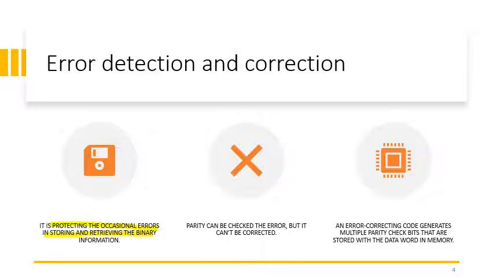So we have specific error detection schemes that only have the capability to detect errors, and error correction schemes that can both detect and correct errors. For detection we can utilize single bit parity, but for correction we have to use multiple parity check bits stored with the data inside the memory, so that we can detect and correct the information bits as well. These sorts of schemes are mostly utilized in dynamic RAM.